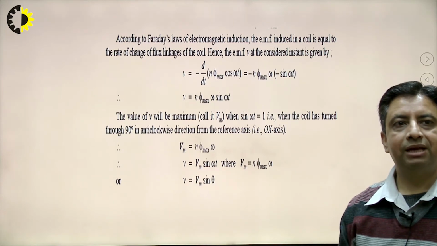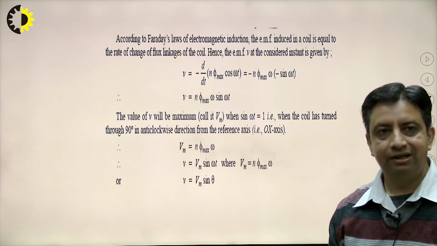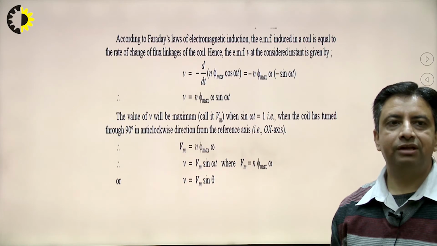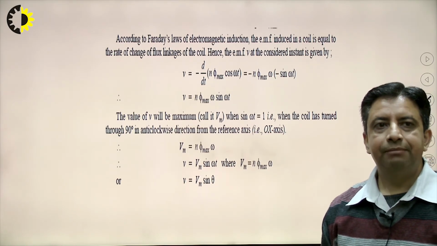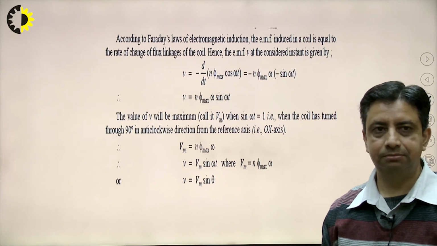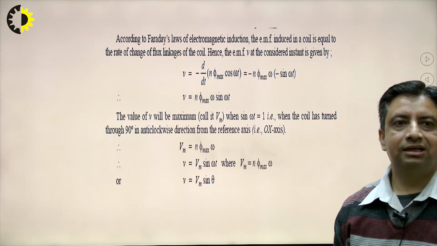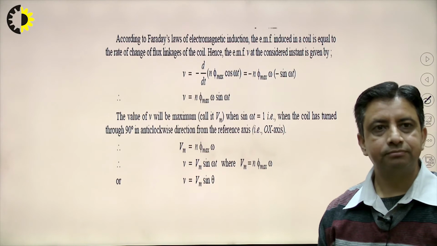Now, if I replace this Vm in the above expression, we will get v equal to Vm sin omega t, where small v is the instantaneous value and Vm is called the amplitude or the peak value or the maximum value of the alternating quantity. So, this is the expression for alternating voltage.